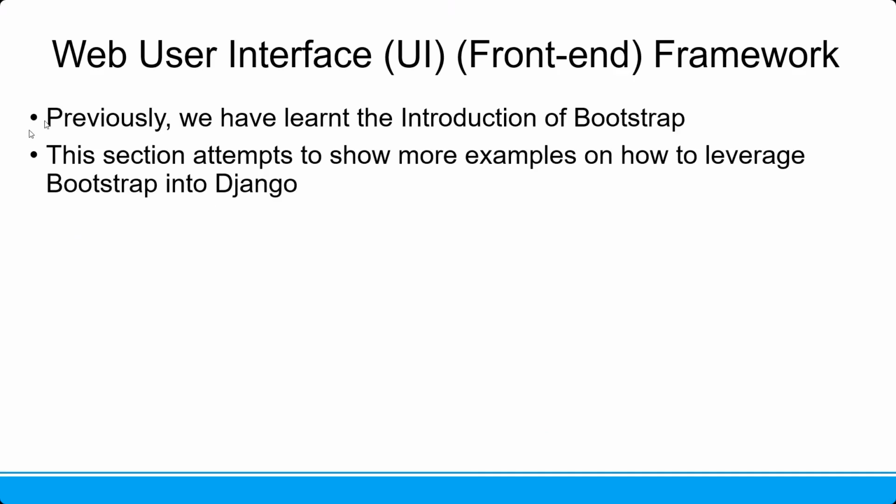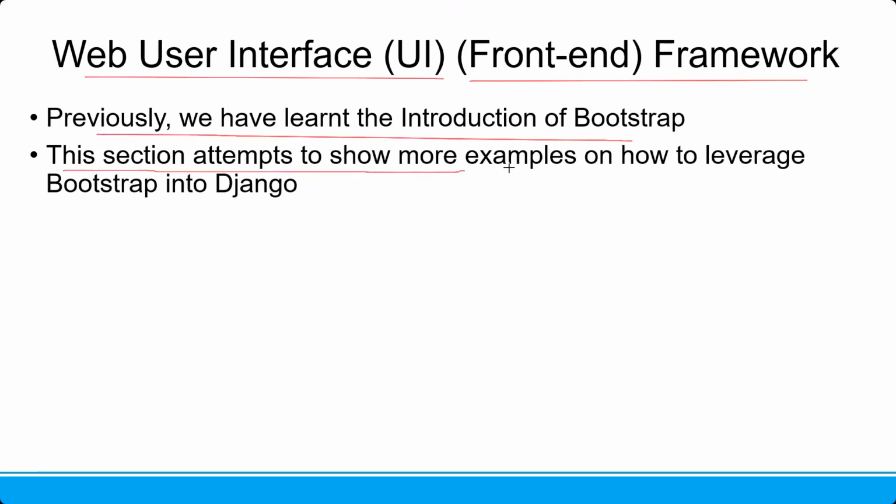Here we want to make a login base, but it is not connected with the database because we don't have the database right now. So let's make the user interface, or the UI, which is the front end. Previously, we have learned the introduction of Bootstrap. This section attempts to show more examples on how to leverage Bootstrap in Django.